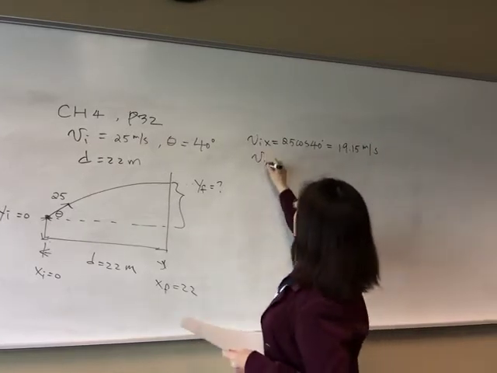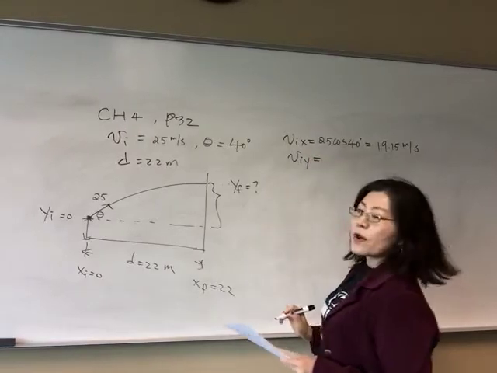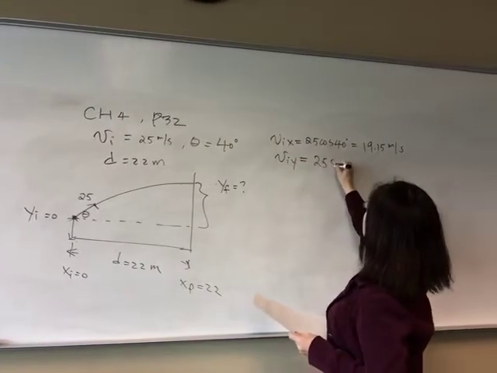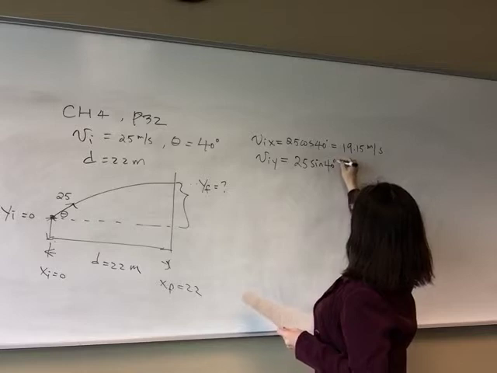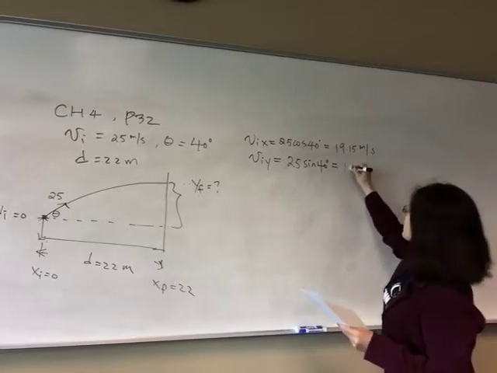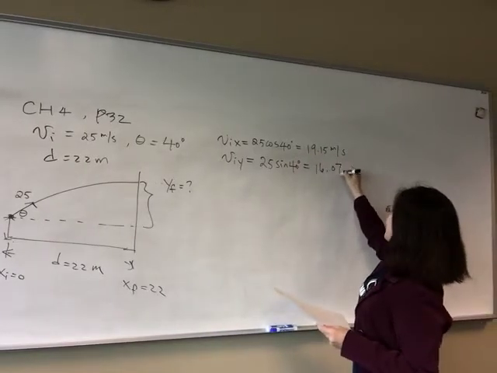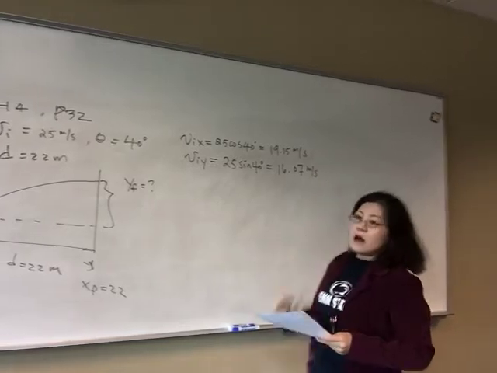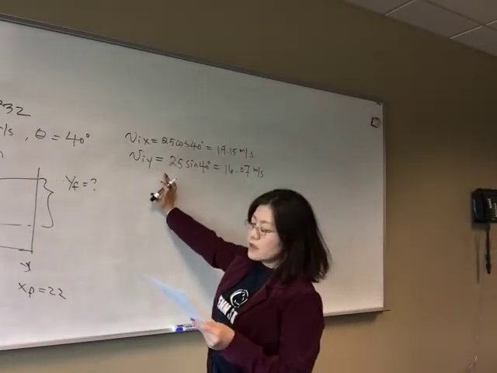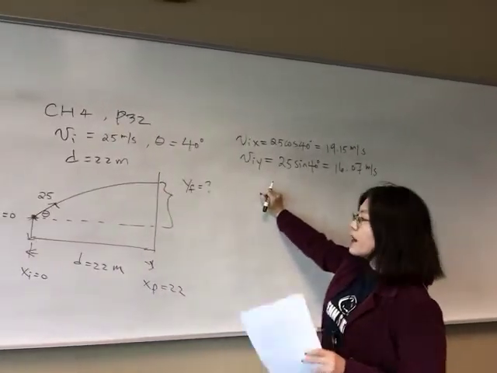And the initial velocity in the vertical direction is 25 sine 40 degrees, which is 16.07 meters per second.